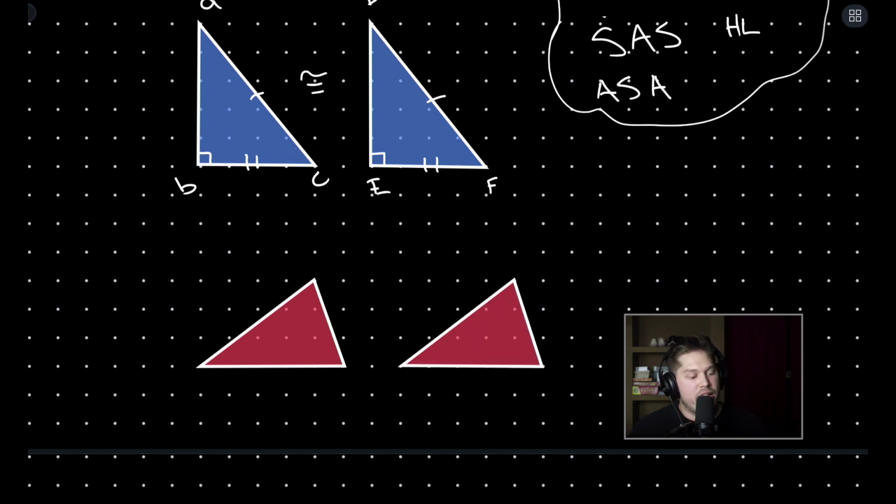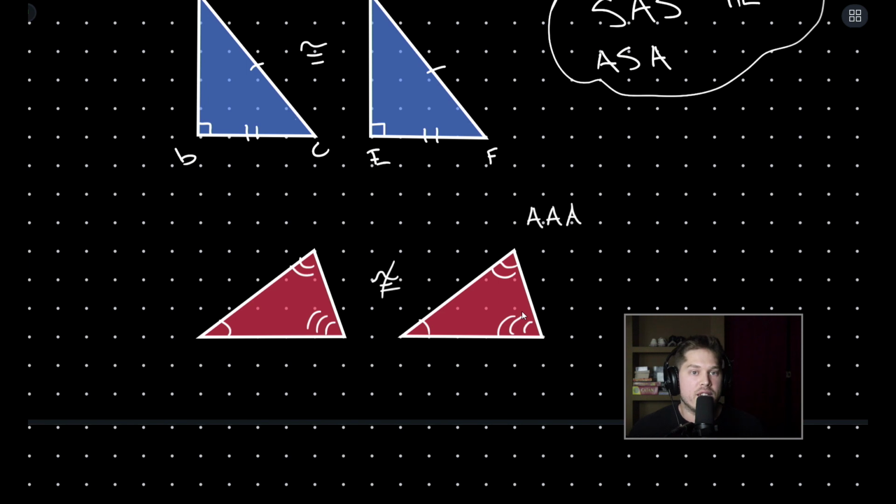They sure look congruent, but if we're told that all the angles of these triangles are shared, this does not imply congruency. So if you have an angle relationship between your two triangles, this does not imply congruency.